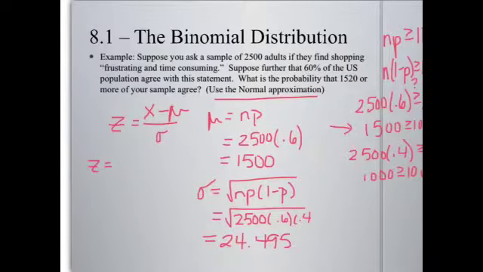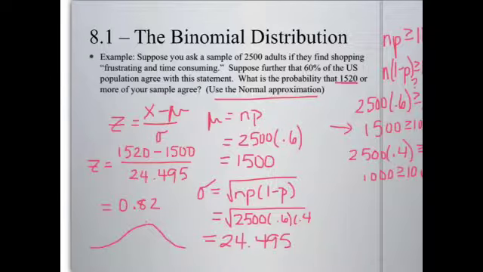Now we can do our z-score. So z equals, remember the question was 1,520 or more, so 1,520 is my x value minus the mean over the standard deviation, and that gives me a z-score of 0.82. When I look that up in the chart, I'm going to draw my normal curve. I want more than, so I'm going to shade to the right.